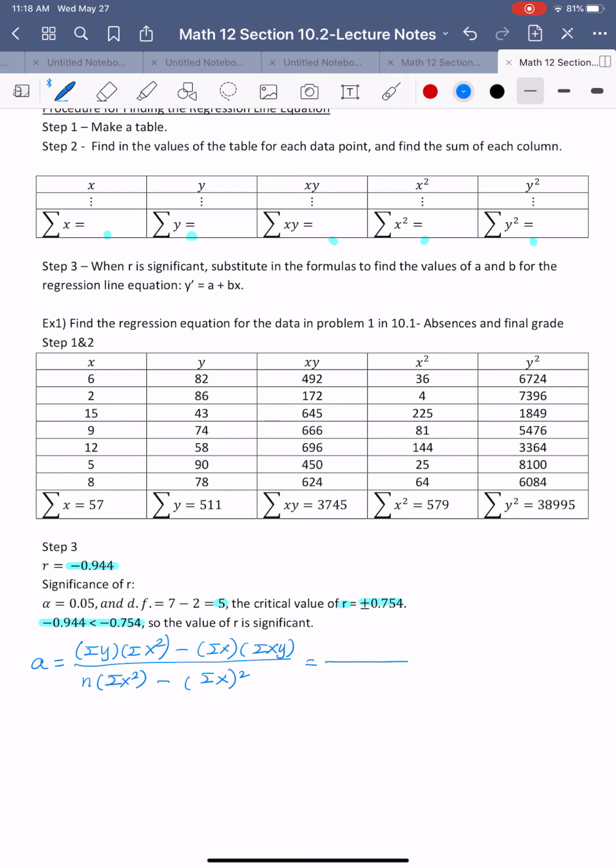So plug it in: 511 times 579, minus 57 times 3,745, over n is 7 times 579 minus 57 squared, which equals 102.493, which is a.